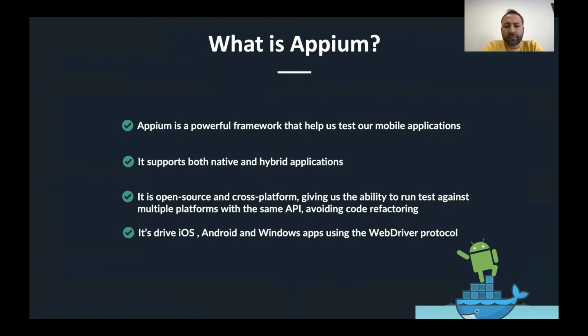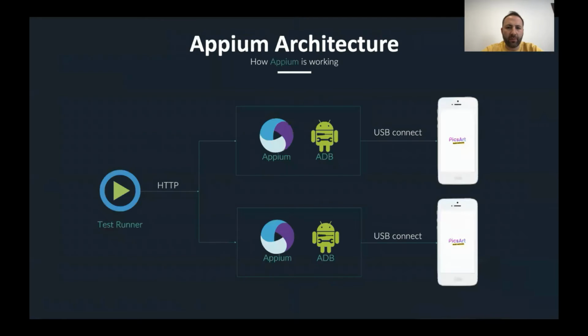This makes everything very easy to maintain and keeps the code shorter than it would otherwise be. And of course, it drives iOS, Android, Windows, as I already mentioned, and it uses the web protocol, which makes it easy to write the tests with the framework.